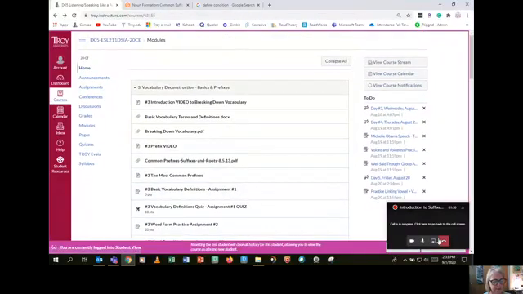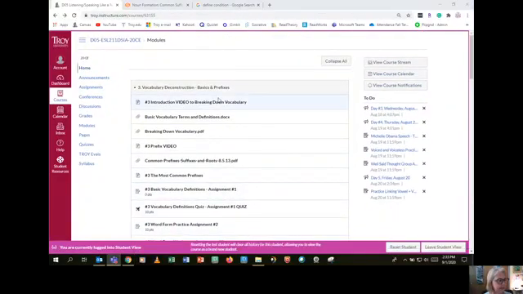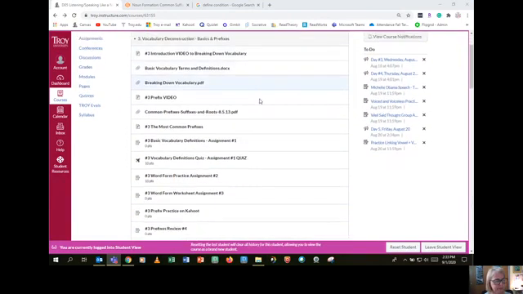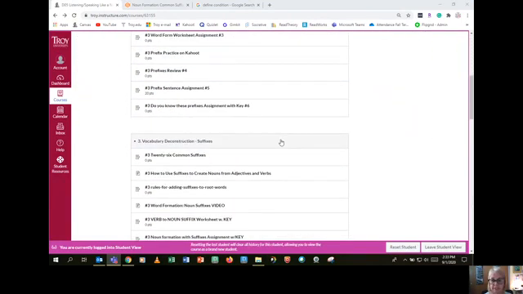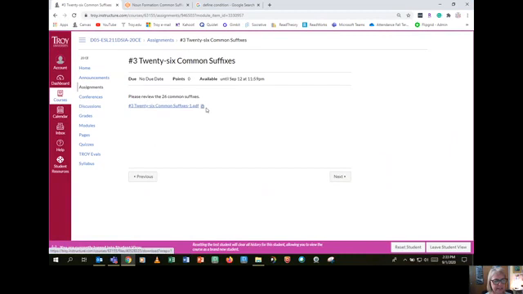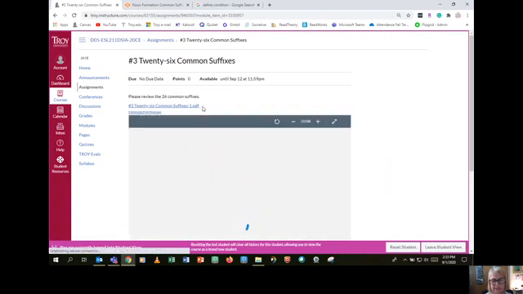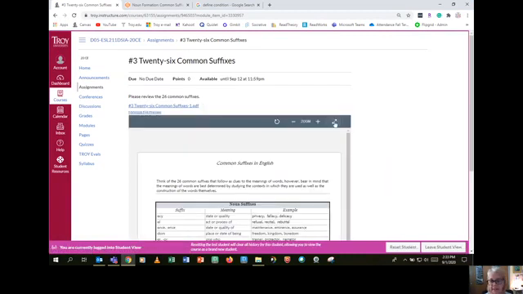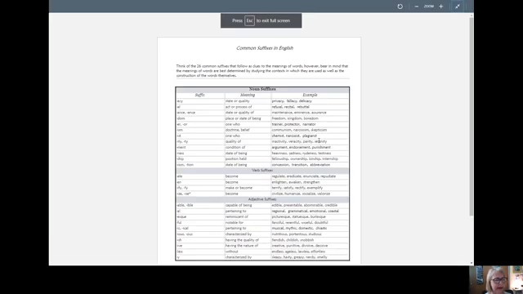So we are in week 3, and week 3 we began with prefixes, and I have added a section on suffixes. So we're going to take a look at 26 common suffixes. There are many suffixes, and you can find a lot on the internet, but in particular we're going to look at these 26, and they are divided by groups, by how they change the word.